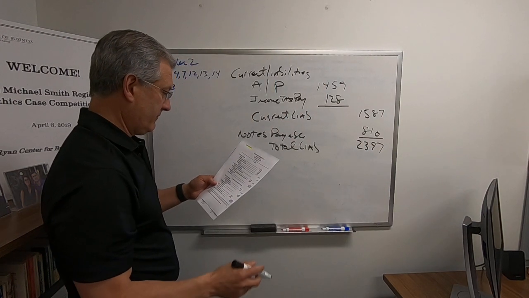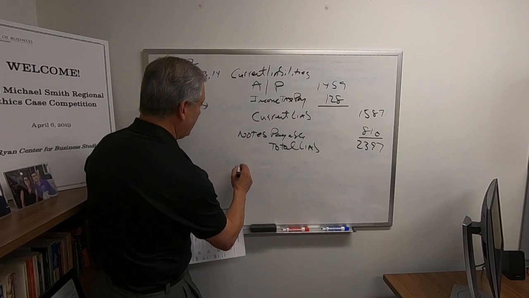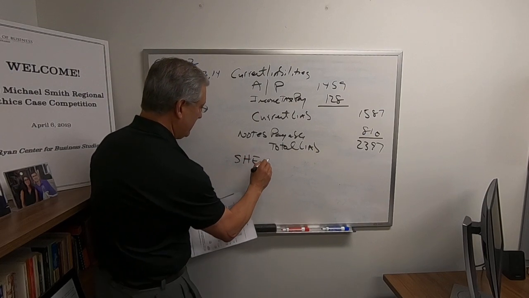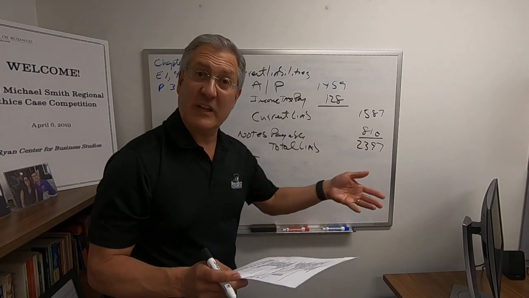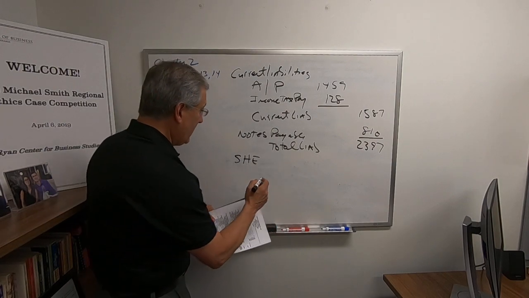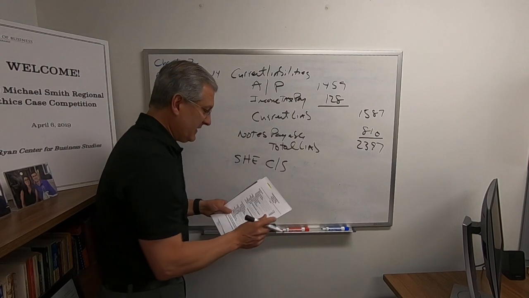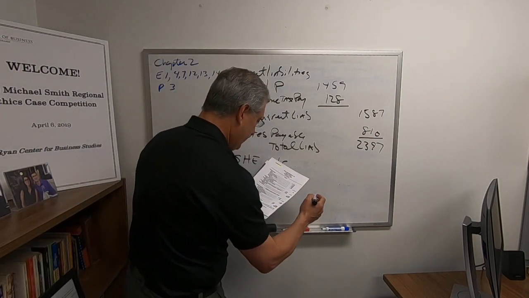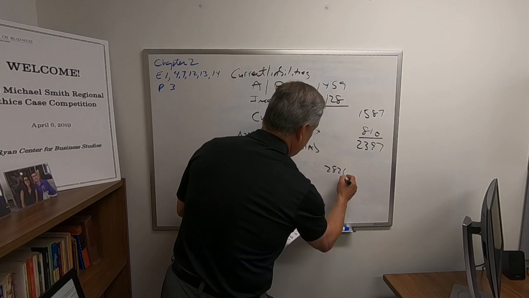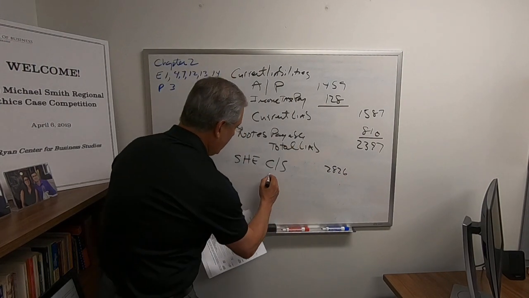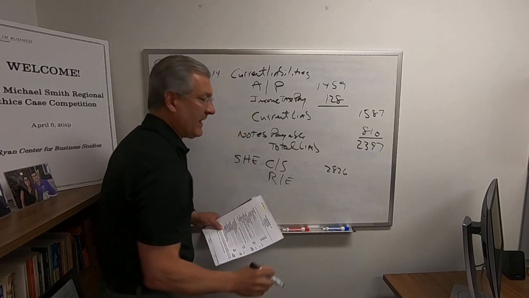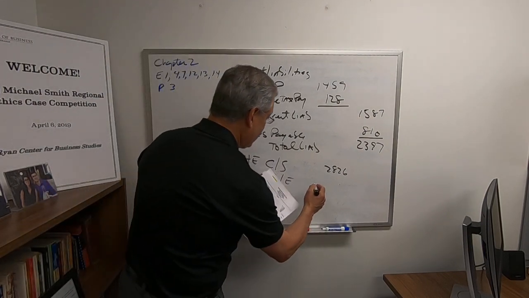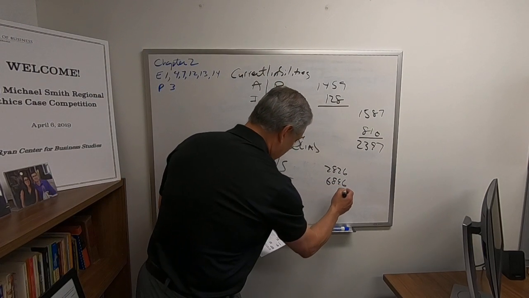We then have our stockholders' equity, SHE, and we have common stock, C/H, of 2826. We have retained earnings, R/E, at 6896.